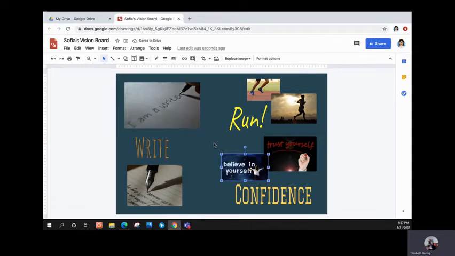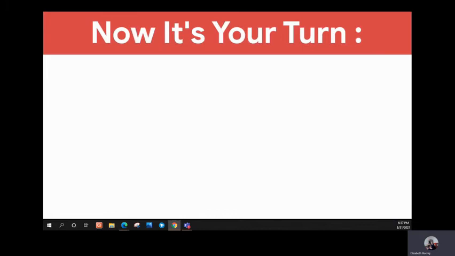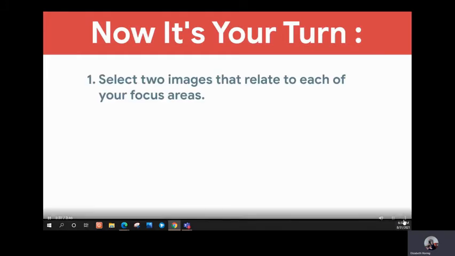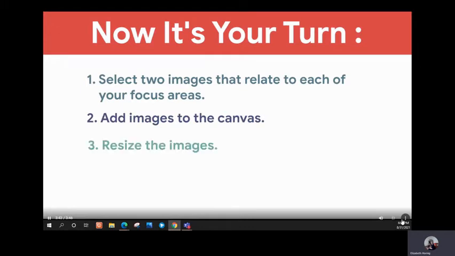The words and images should work together to remind you of the goals you want to achieve. Now it's your turn. Select 2 images that relate to each of your focus areas, add images to the canvas, and resize the images.